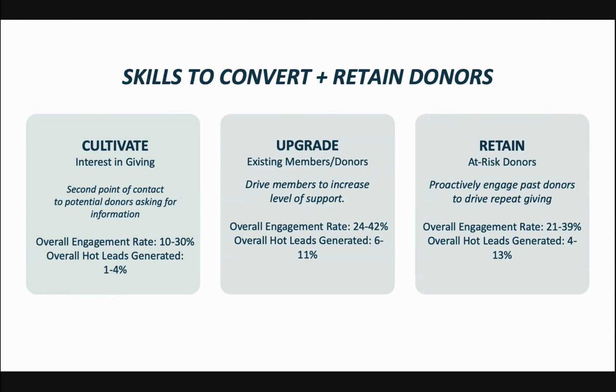These rates are really leaps and bounds above what we hear from our partners around if they were to reach out to, for example, a list of 5,000 individuals, how many of those would actually be interested in speaking with them? It's a very small percentage. So you think about getting into the 11, 13% range, it's really powerful in getting above and beyond that 6% number we talked about earlier.